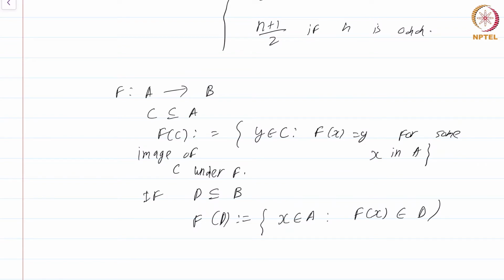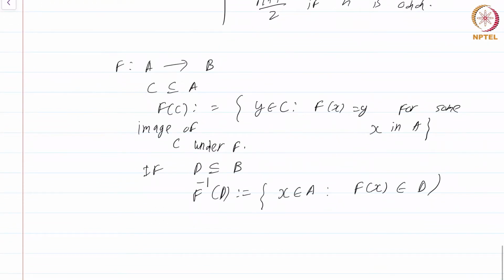Let me write that clearly. F with a -1 on top, and it's read pre-image of D or inverse image of D.